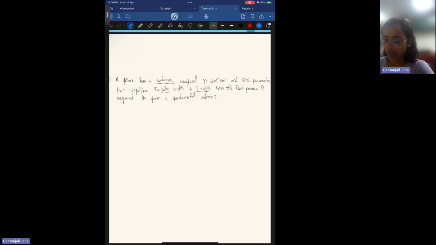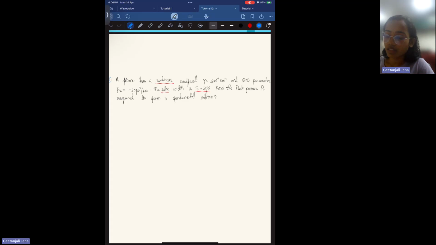This question is based on solitons. It says a fiber has a nonlinear coefficient gamma, which is 3 per watt per kilometer, and the GVD, the group velocity dispersion parameter, beta 2, is minus 30 picosecond square per kilometer.